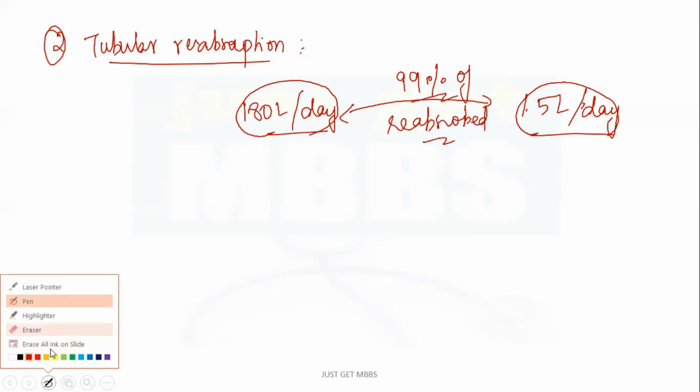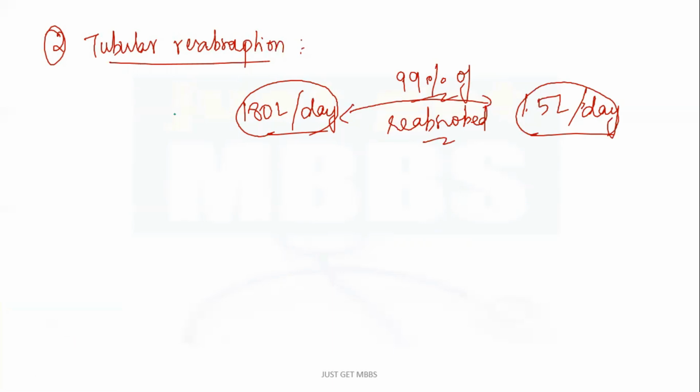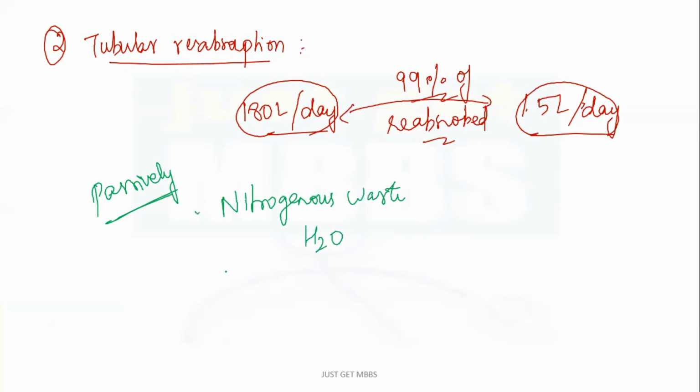So one important point that you must know here is, which are the substances that are transported by passive means? Two things: nitrogenous waste, that is here we will be having urea, and water. These are the two important substances that are transported passively. Remaining electrolytes, all that is transported actively.